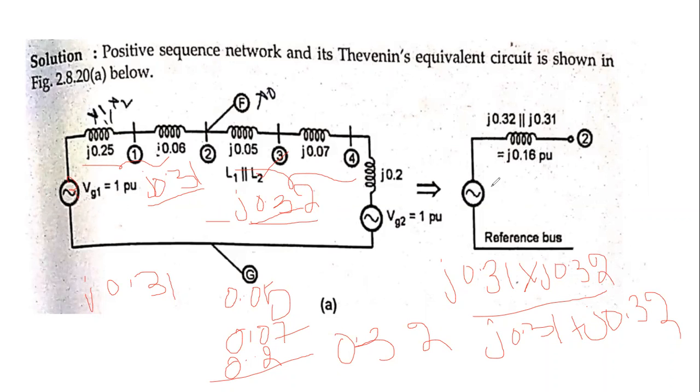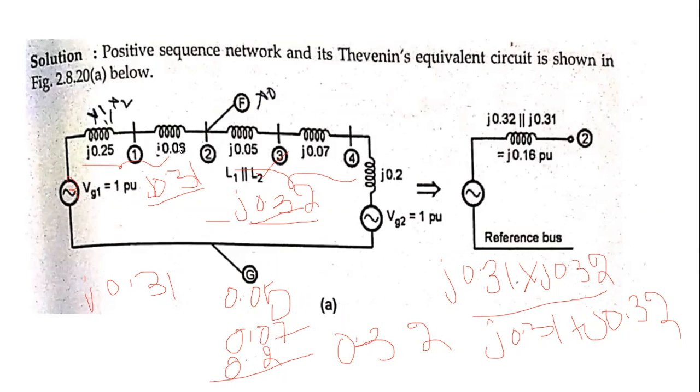This is the equivalent Thevenin's reactance for this positive network. Understand? First of all, what is the equivalent reactance for the generator? The reactance in series with the voltage source. And what is the reactance for that transformer? Reactance. The transmission line is also reactance, but both the transmission lines are connected in parallel. That's why its value is L1 parallel to L2. Then it will be obtained, that is J0.05. And this is the transformer 2, its value is J0.07, and this is the generator G2.